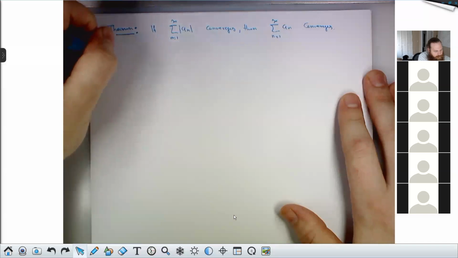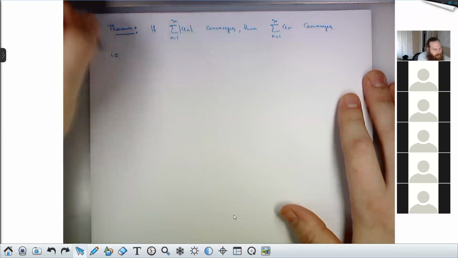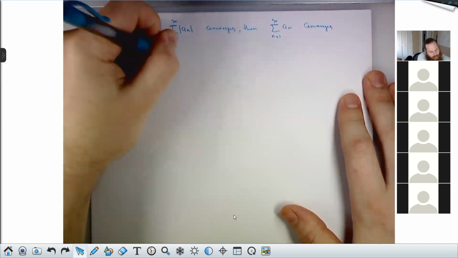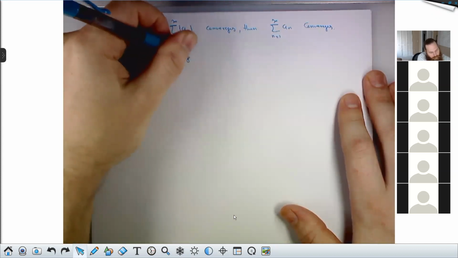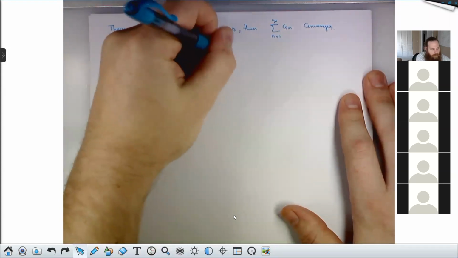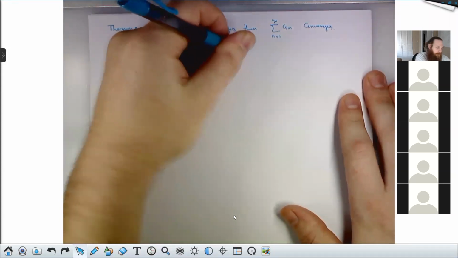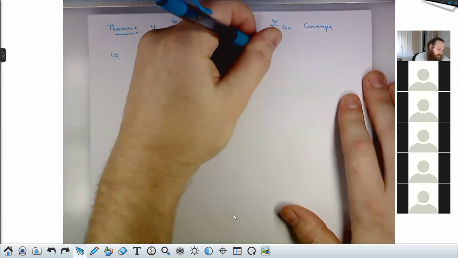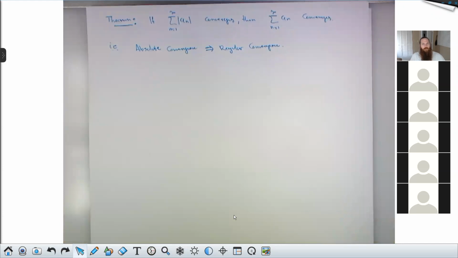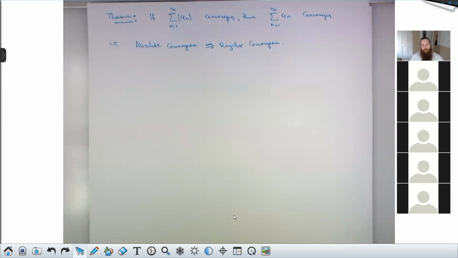Another way to say this, i.e., absolute convergence implies regular convergence. So if you converge absolutely, then you converge. There's no way to converge absolutely, but also diverge. Absolute convergence is strictly stronger.